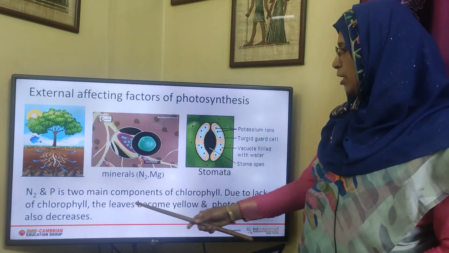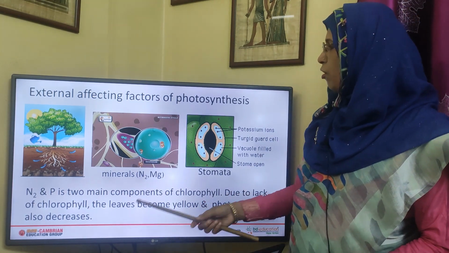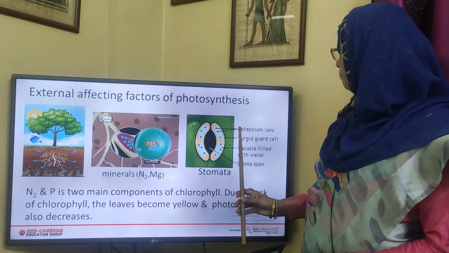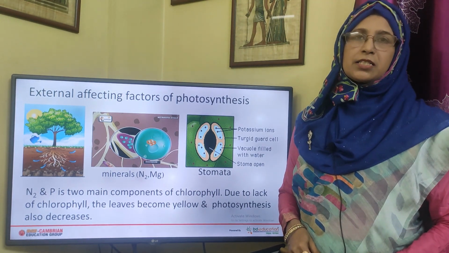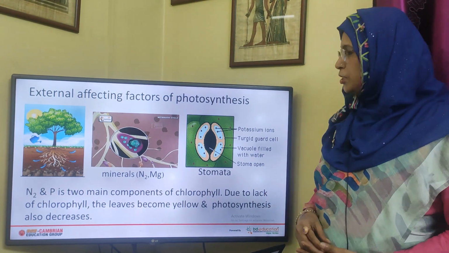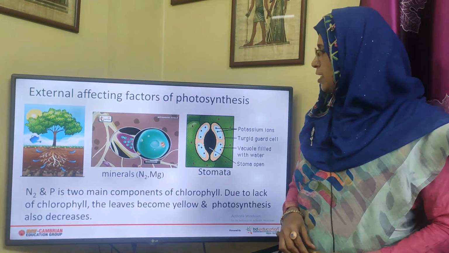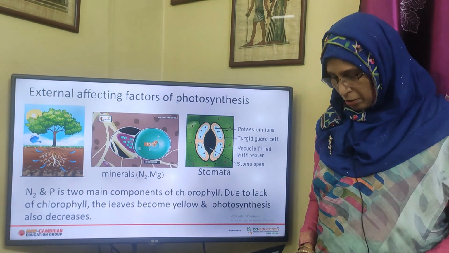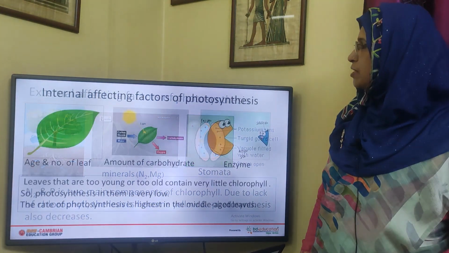So due to lack of chlorophyll, the leaves become yellow and photosynthesis also decreases. And you know that potassium is also essential for the closing and opening of stomata, and in this case potassium also acts as a catalyst. So due to lack of potassium, chlorophyll formation also ceases, and stomata do not open. So this is one of the factors of photosynthesis. That means minerals are also essential for photosynthesis.